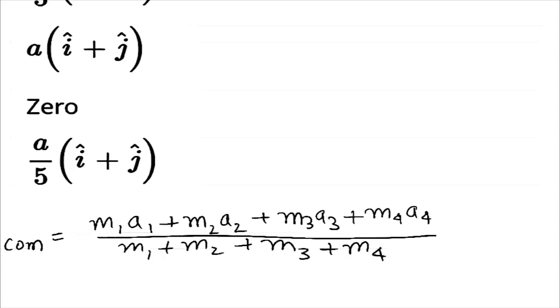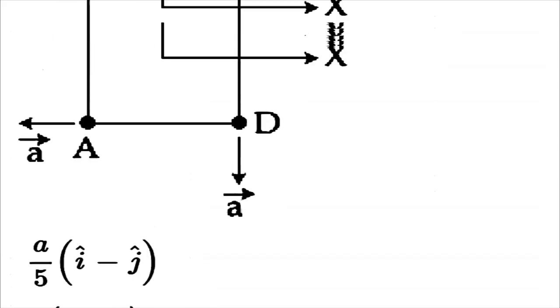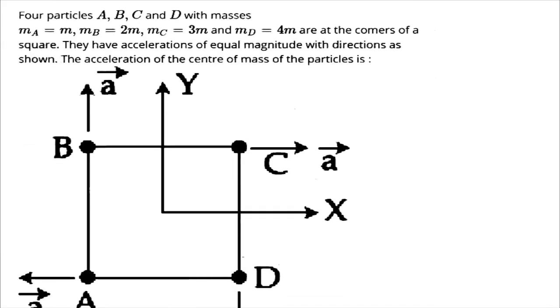Now let's see what are the accelerations of A, B, C, D, right? If I write the acceleration of A, you can see it is directed toward negative x axis, and the magnitude of the acceleration of A is small a, so I will write minus a i cap.